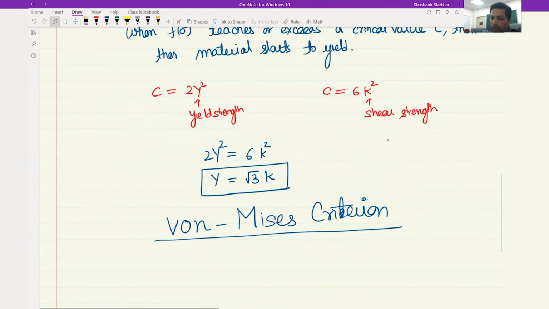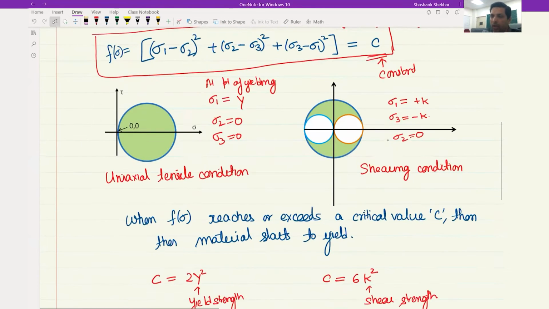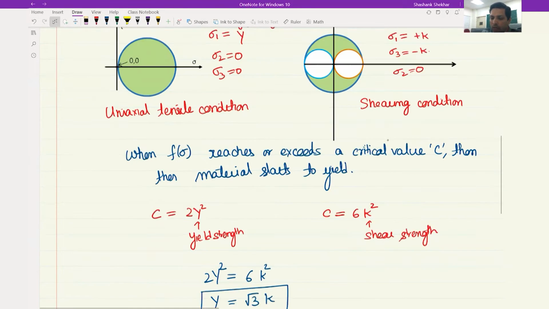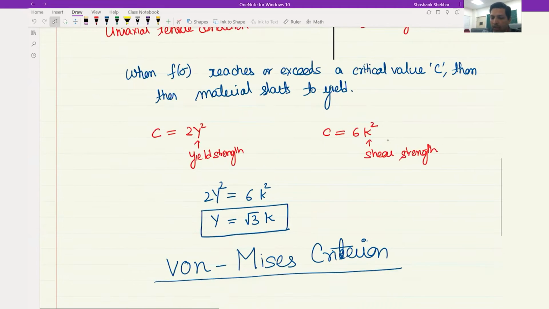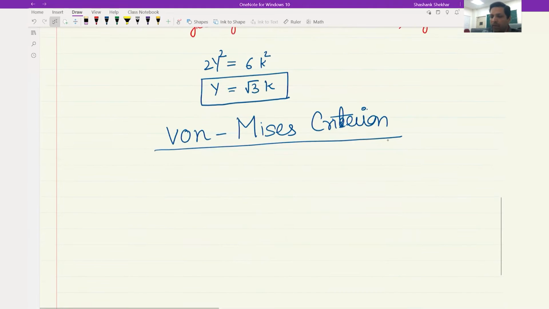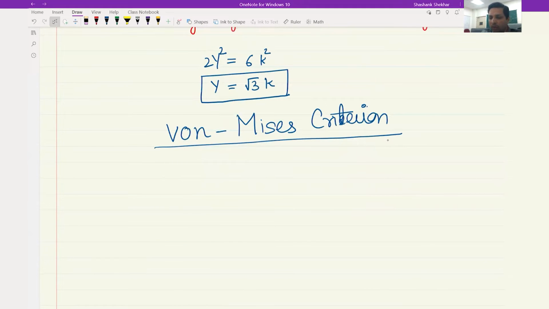Now here we have sigma 1, sigma 2, and sigma 3. And if you want to see how sigma 1 varies with sigma 3 at the point of yielding, let's say we want to draw the locus of how they are related at the point of yielding. Then we can take one of these sigma 1, 2, 3 as a constant, let's say 0.